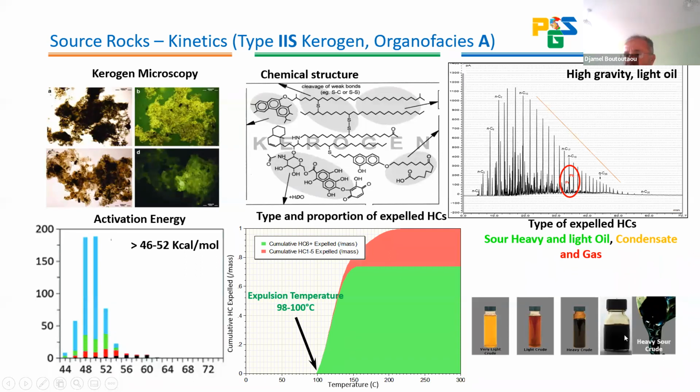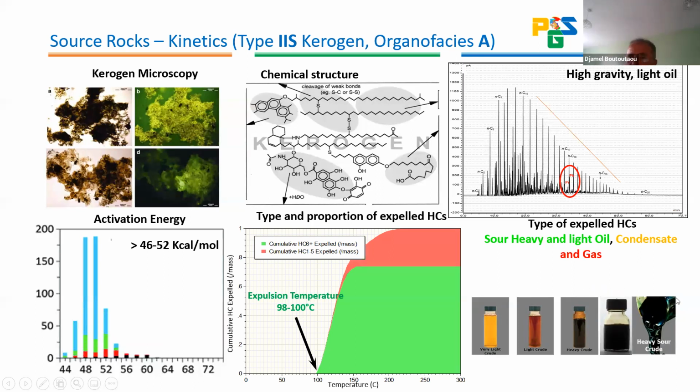These are the type of fluids that you can get from your type 2S source rock. Early generation, you can have heavy and sour oil. I have seen oils generated early that have up to 50% asphaltenes in them, really heavy oils, with API gravity around 20 to the mid 20s.